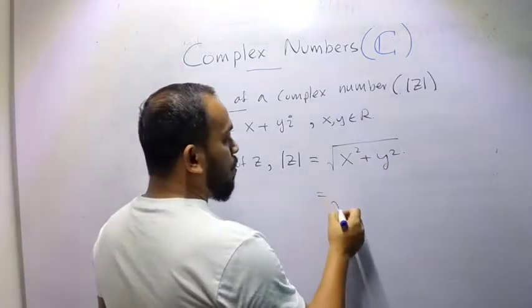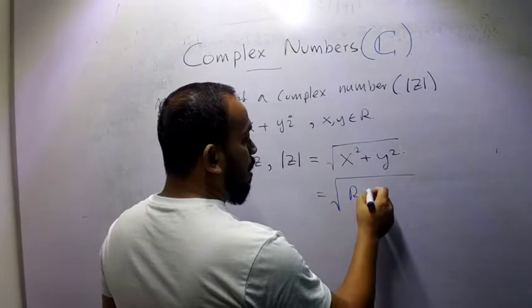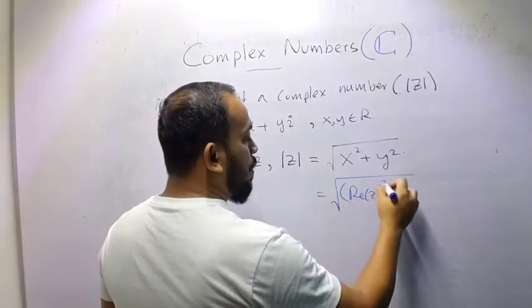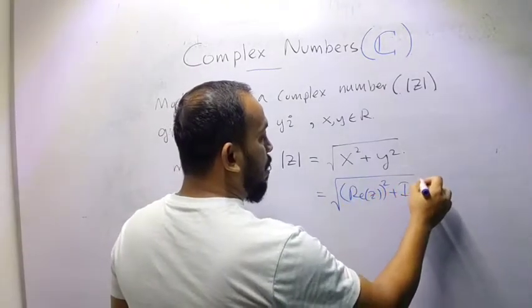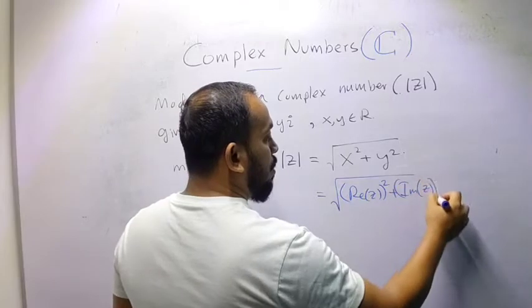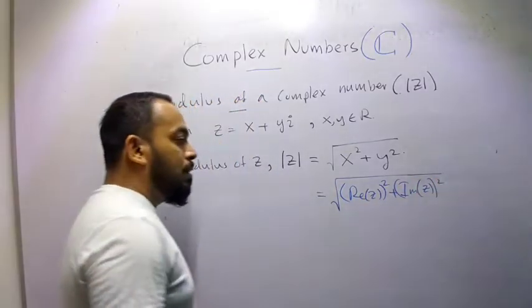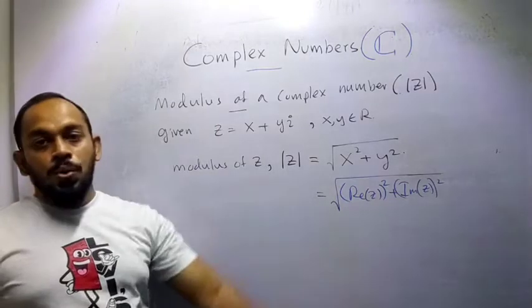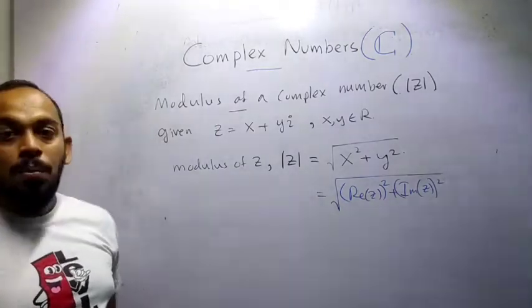So I can also write it as the real part of z, whole thing squared, plus the imaginary part of z, whole thing squared. So, square root of the sum of the two squares. This is called the modulus of z.